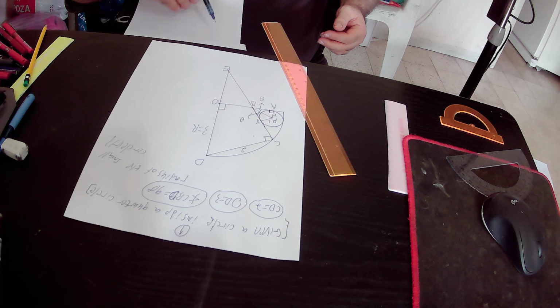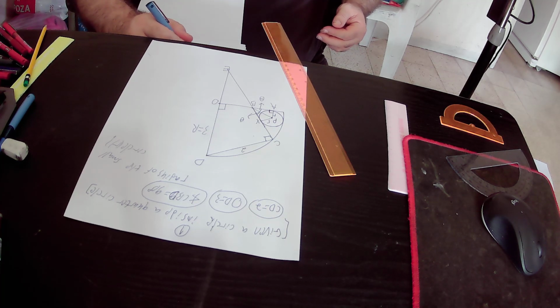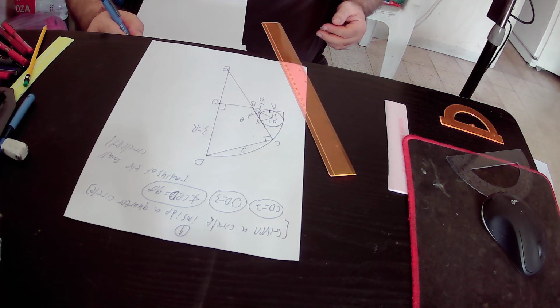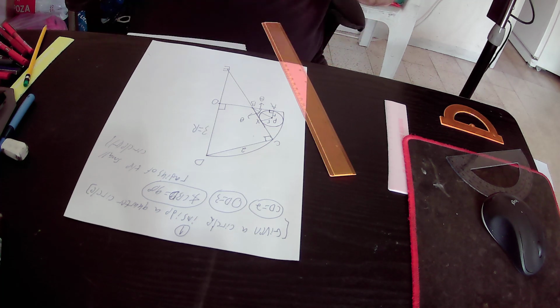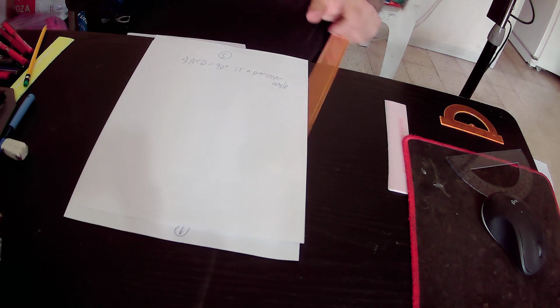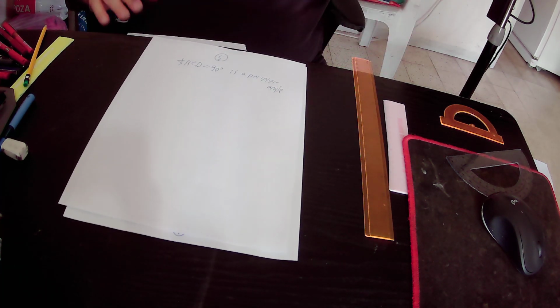But angle BCD, which equals 90 degrees, is actually a peripheral angle.